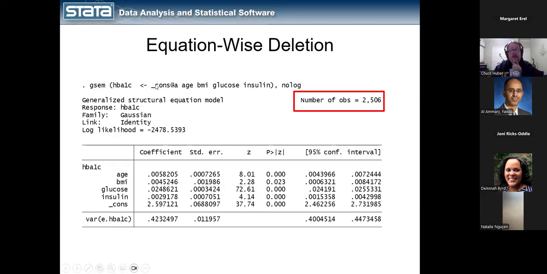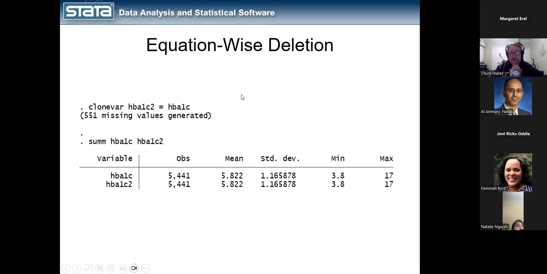With gsem, gsem is like sem, but it's generalized structural equation modeling. And you can think of it as an extension of regression. So let's say that I'm interested in HbA1c as the dependent variable. And again, I have glucose and insulin in here, and they're missing a lot of observations, half the observations. A way to do this, and again, maybe I shouldn't recommend this, is you can clone the outcome variable, the dependent variable, just make an exact duplicate of it.